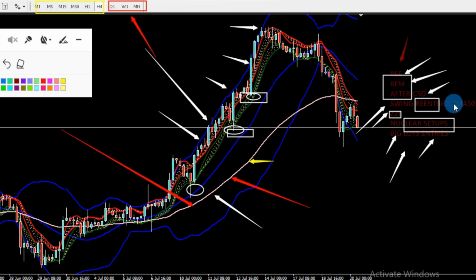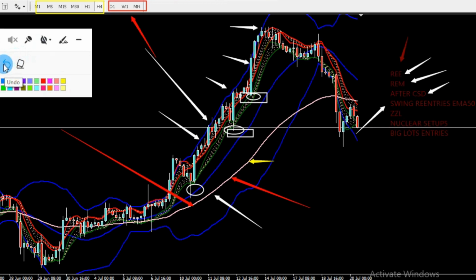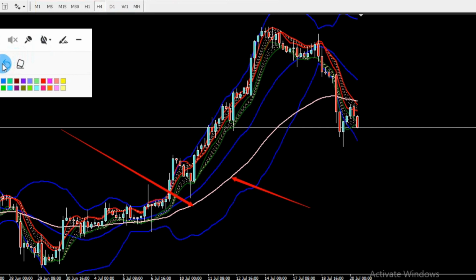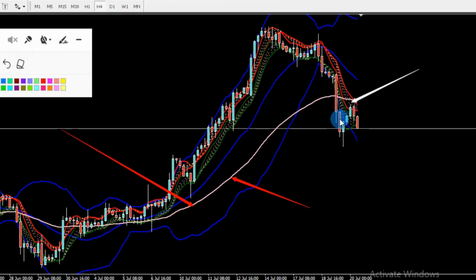On the current chart, you can see here a re-entry after the CSM.